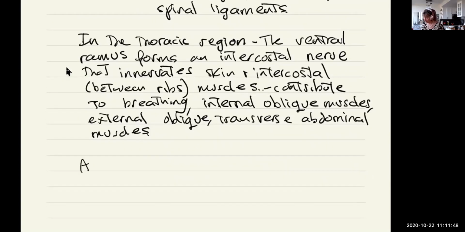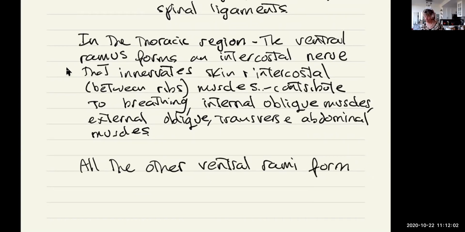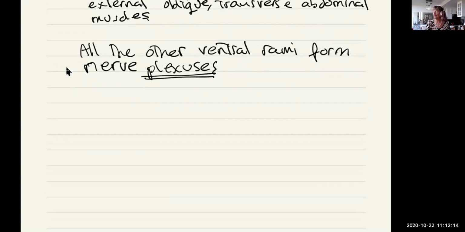Outside the thoracic region, all the other ventral rami form nerve plexuses. And nerve plexuses are networks of nerves that branch and merge.